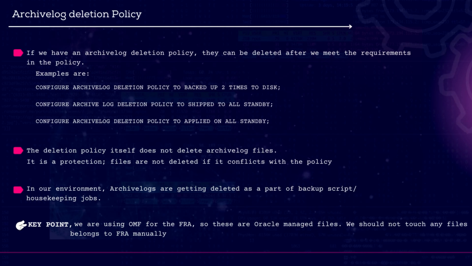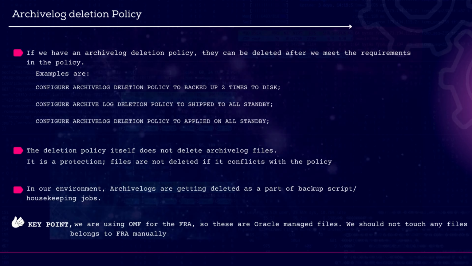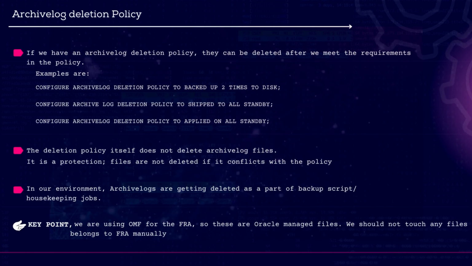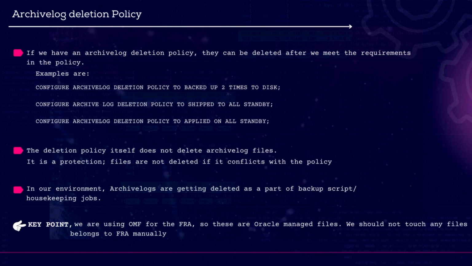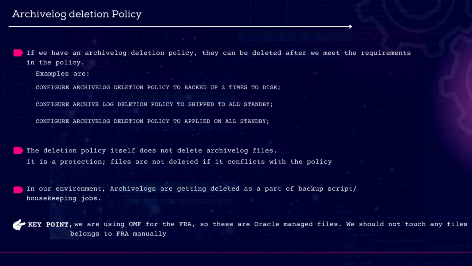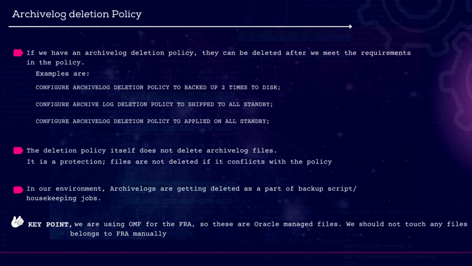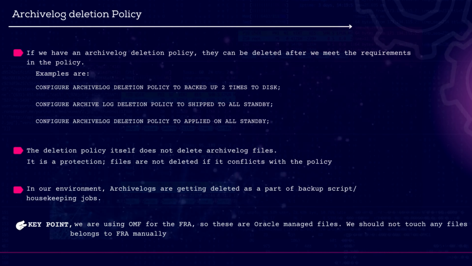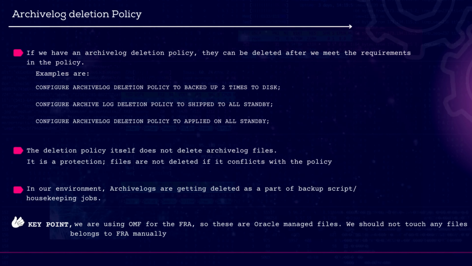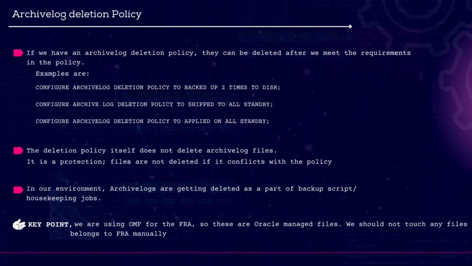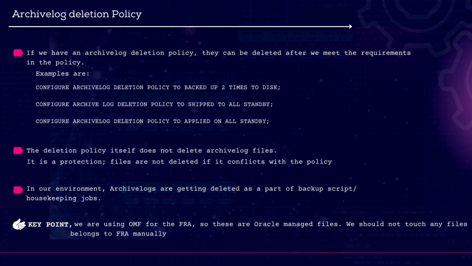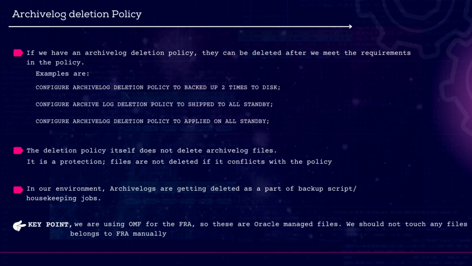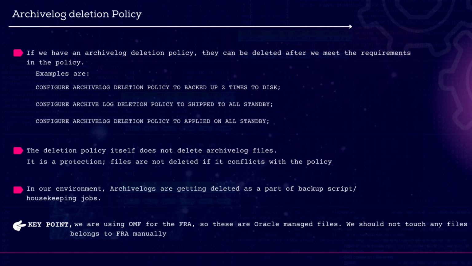Say for example, if the backup of the archivelogs has been taken 2 times on disk, whatever archivelogs got backed up 2 times on disk will be marked as obsolete. It will be marked as obsolete, and it can be deleted as soon as there is an operation on the FRA; Oracle automatically deletes it. The other example here is, in case the deletion policy says shipped to all standby, in case the archivelogs got successfully shipped to the associated standby, it will be marked for deletion.